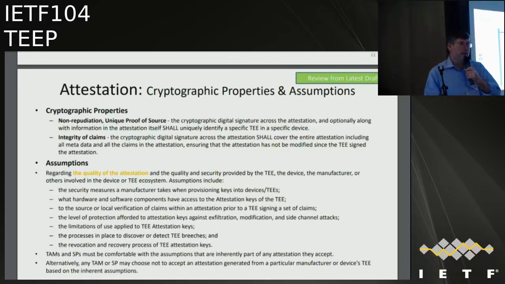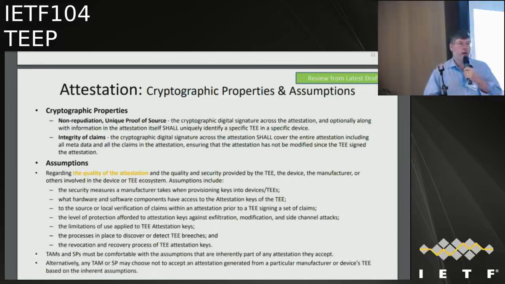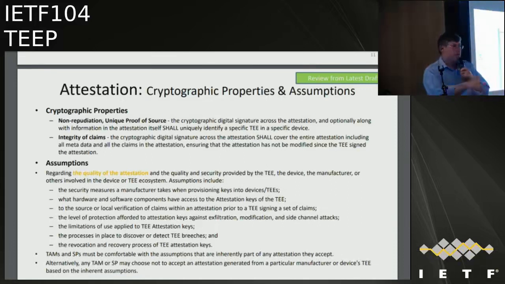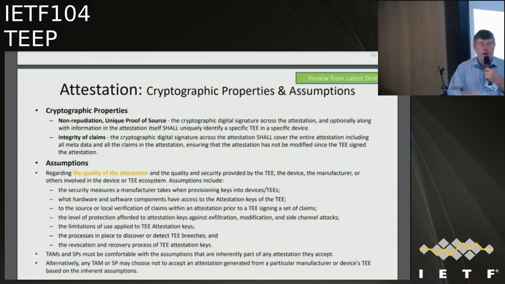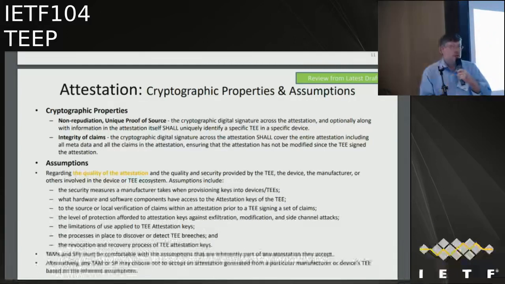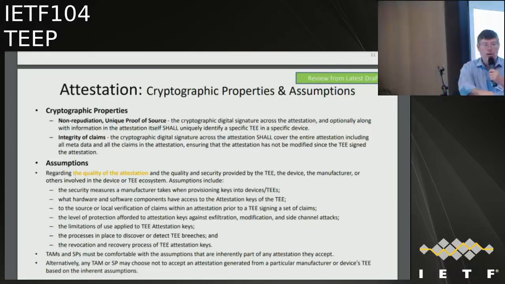How does a verifier know whether a key's been compromised? All of these things are processes that happen outside of the attestation itself, and the verifier needs to be comfortable with those kinds of assumptions that are built into the device and the key and the attestation. So go read the text. Please give us feedback if you think something's missing or incorrect or not stated well.